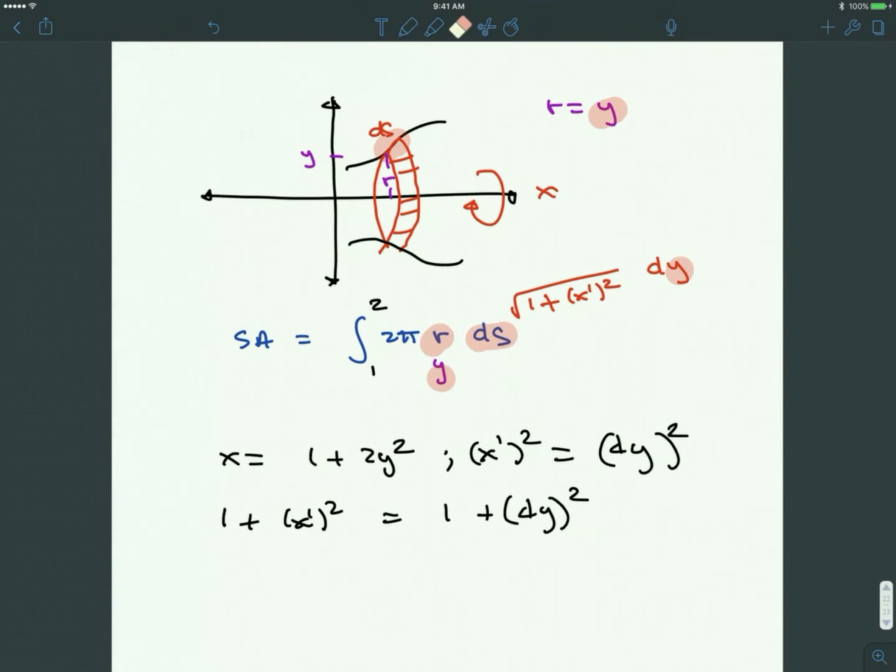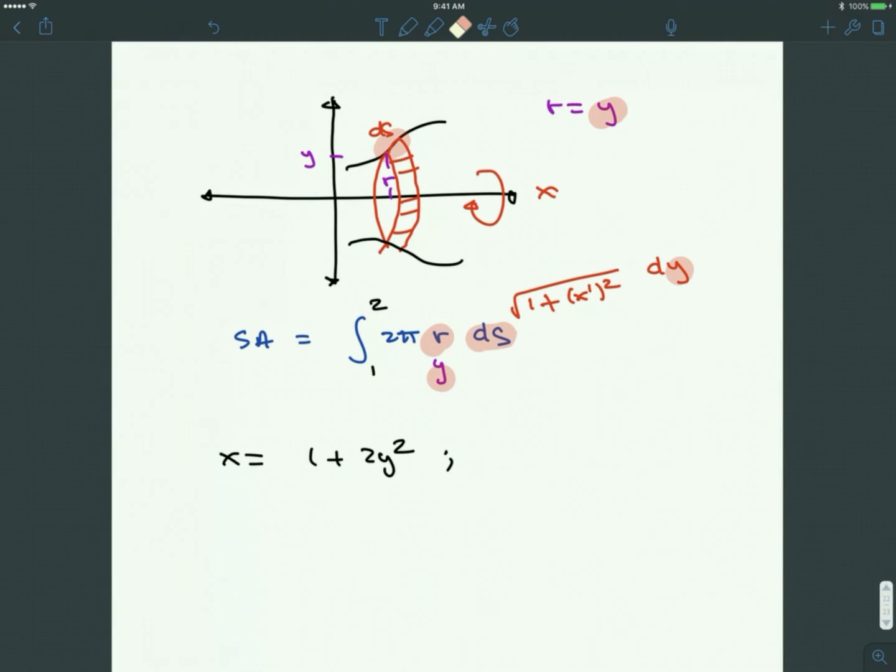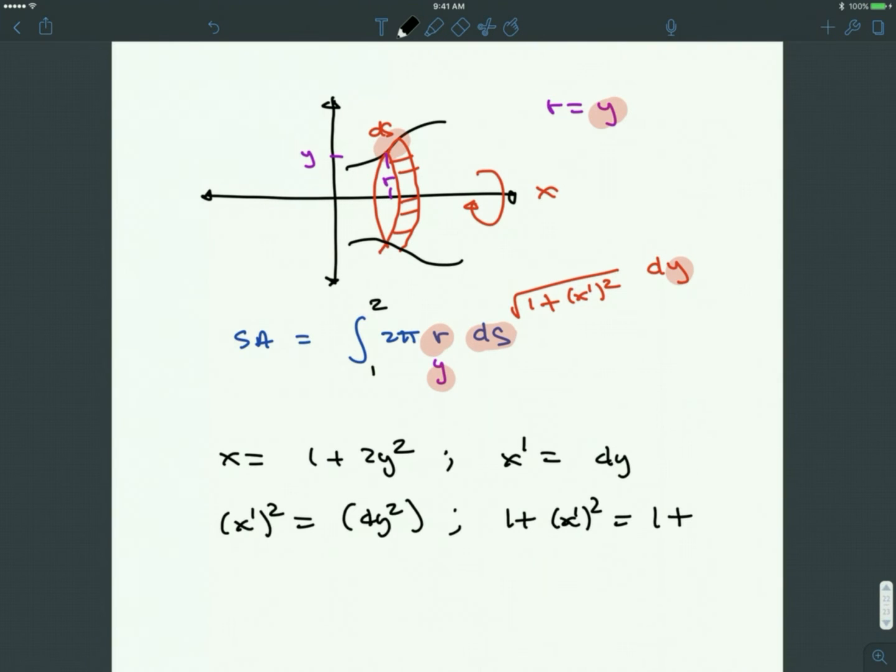We get x prime to be 4y. Square x prime, 4y squared. So 1 plus x prime squared becomes 1 plus, making the mistakes here, square that, 16y squared.